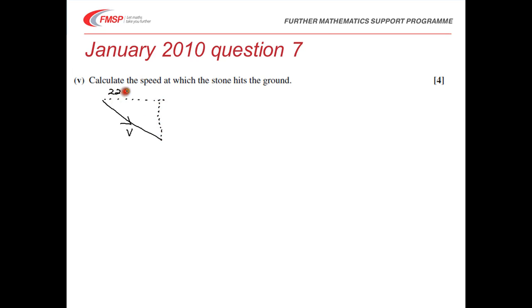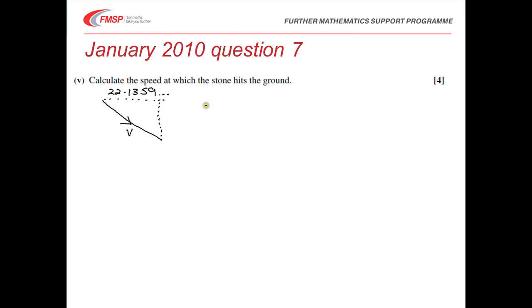We worked it out in the previous part of the question. So horizontally we know, vertically we need to find out, and then once we've got the horizontal and the vertical components, we can use Pythagoras theorem to work out the speed. Remember, speed is the magnitude or the size of the velocity. So let's work out the vertical velocity.